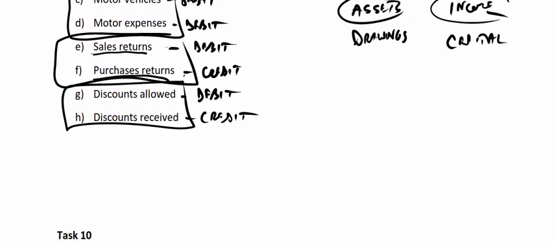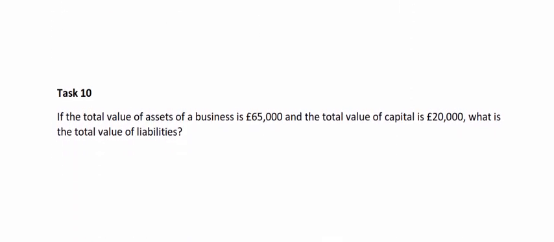And then finally, last task number 10. So if the total value of assets of a business is £65,000 and the total value of capital is £20,000, what's the total value of liabilities? Now, this is basically using what's known as the accounting equation.